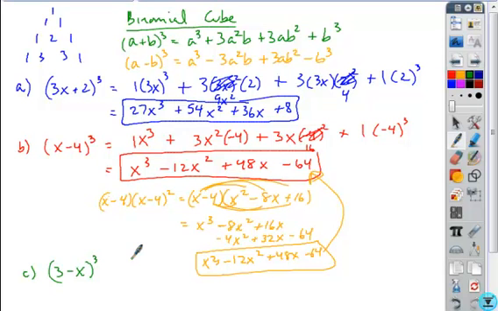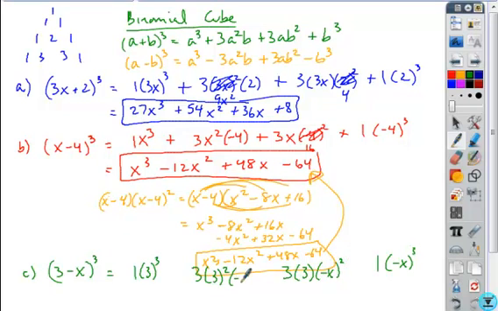Right, again, the pattern is you recognize a binomial cube. The coefficient pattern is 1, 3, 3, 1. Start with your first term, which is 3. The highest power, 3. Reduce it by 1 each term. Take our second term, which is a negative x in this case, to the highest power 3.